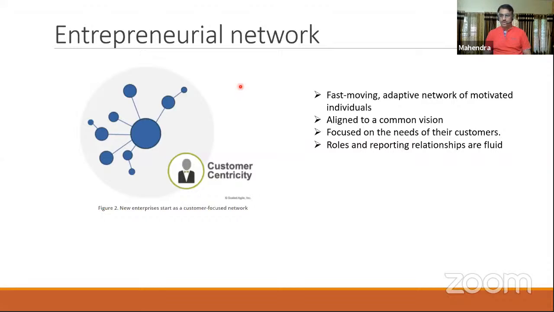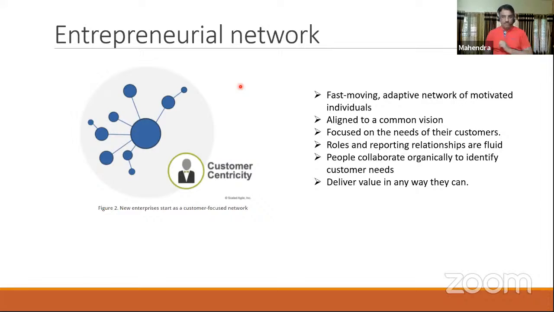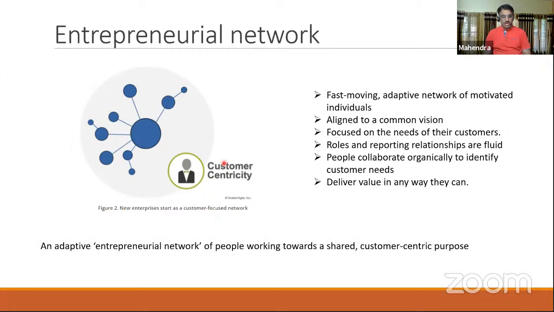It doesn't matter, right from the CEO to the last person in the chain, who develops, who markets, who takes care of sales, admin, logistics, because everyone is bound by a common vision, and people collaborate organically with total focus on customer needs, and come what may, value is delivered. We call it an entrepreneurial network, and customer centricity is the key. This is how any organization starts up.